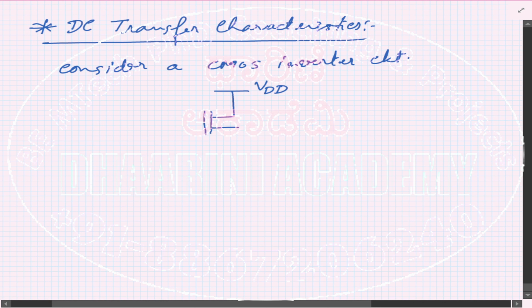We know the symbol for a PMOS device is like this. At the end of this, we take the output. Let's denote this as V out, and the input is provided to this circuit like this.